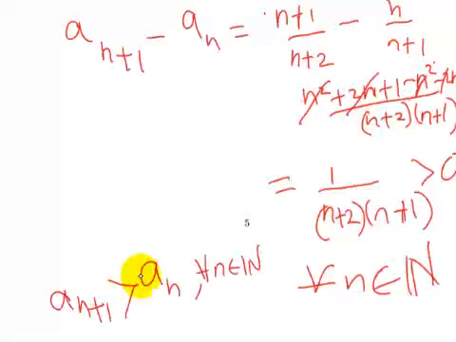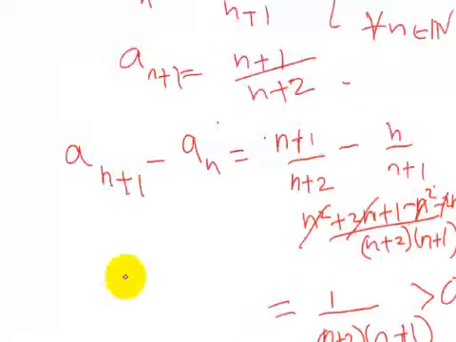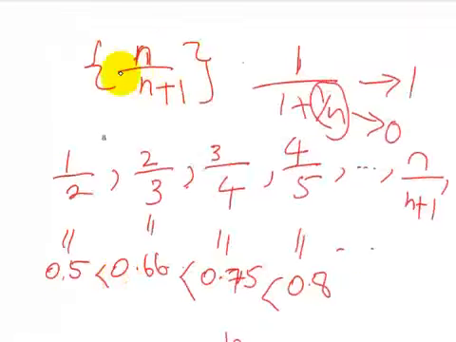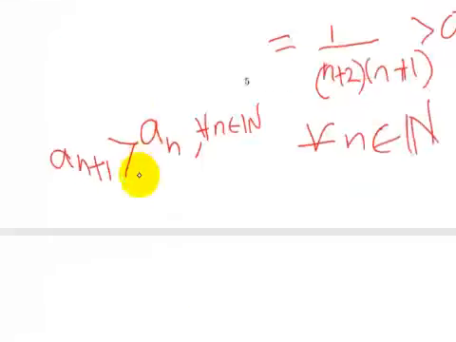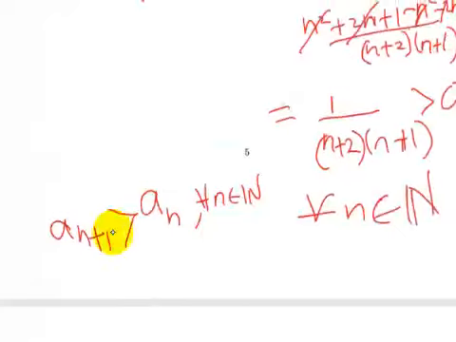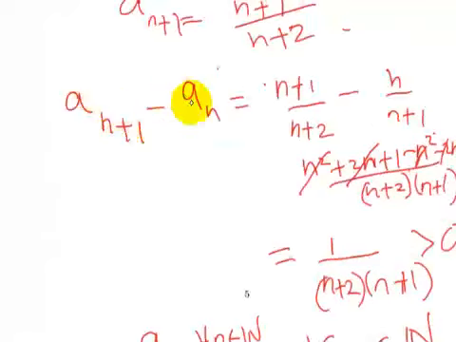So you showed that for any positive integer n, a sub n plus 1 is bigger than a n. That means this sequence is strictly increasing. You showed that the difference is strictly greater than 0, not greater than or equal.